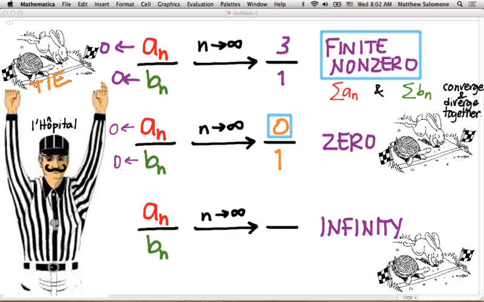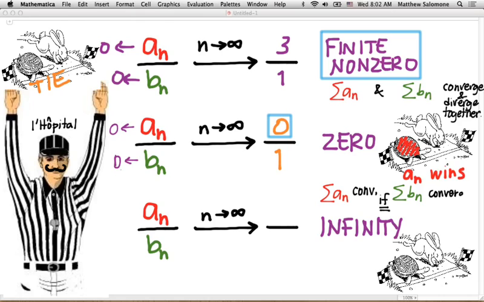So in this case, which has approached 0 at a faster order, an or bn? An. So we would say that the an wins the race if this quotient ends up tending to 0 as n goes to infinity. So what does that mean about the convergence or divergence of the an's and the bn's? An converges, but only if what? Only if bn converges. So let's get that in here. The summation of an converges if the summation of bn converges.